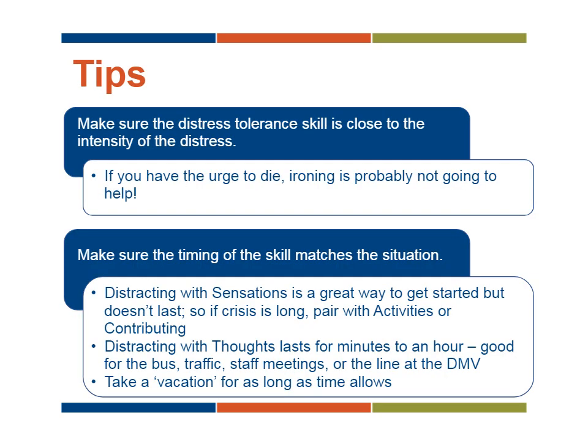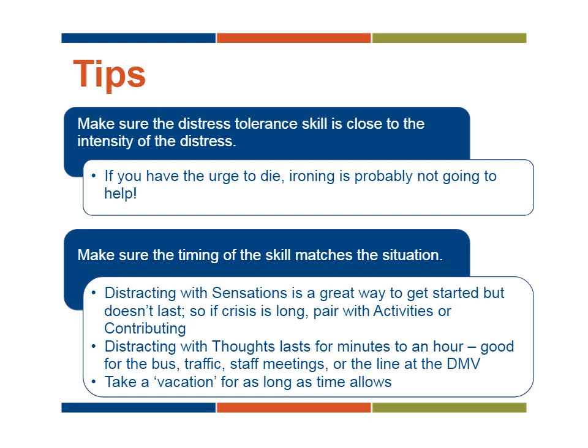Okay, so now we have some additional tips for you when thinking about how to work with patients and encourage them to use distress tolerance skills or to resolve any ambivalence that they may have about using them. First of all, we want to make sure that the particular distress tolerance skill that the patient has chosen is close to the intensity of the distress that they're experiencing.